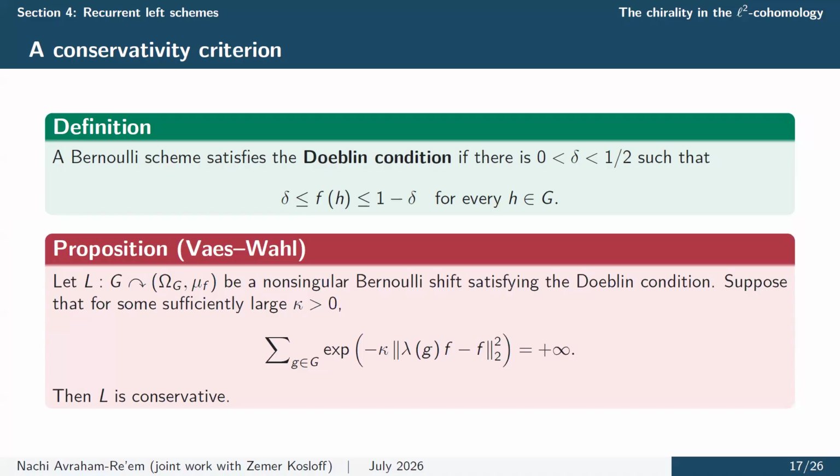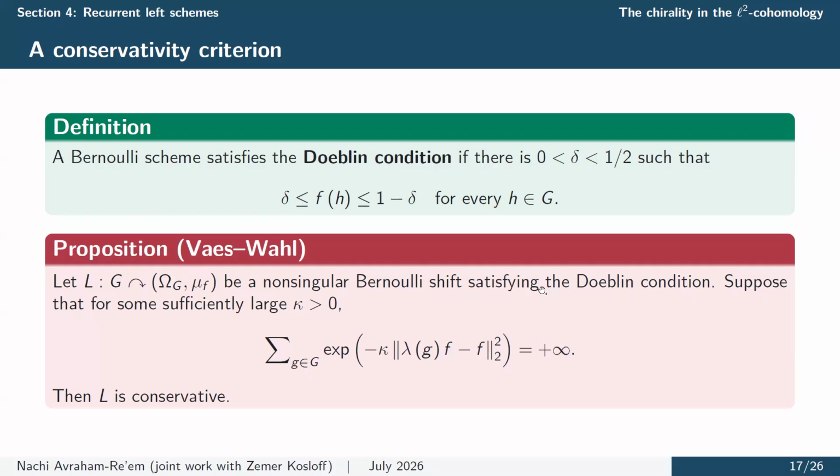More concretely, suppose we are given a non-singular Bernoulli shift, so we have the left shift action of G on some Bernoulli shift with some function f, and I assume it is non-singular, meaning by Kakutani's criterion that the square root of f is in the Dirichlet space, and the square root of 1 minus f is also in the Dirichlet space.